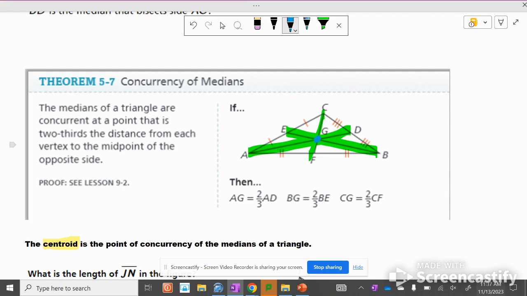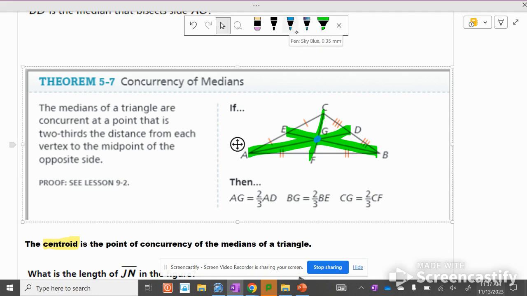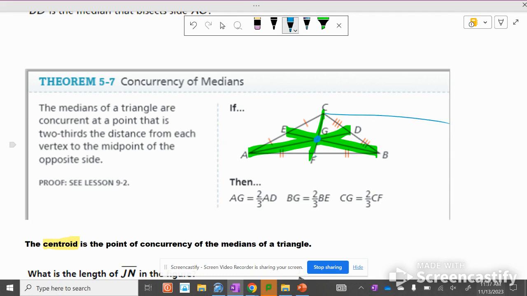So let's say that CF here, from C to F, is 9 long. What's 1/3 of 9? 3. So that would make CG how long? 6. See how 6 plus 3 is 9.